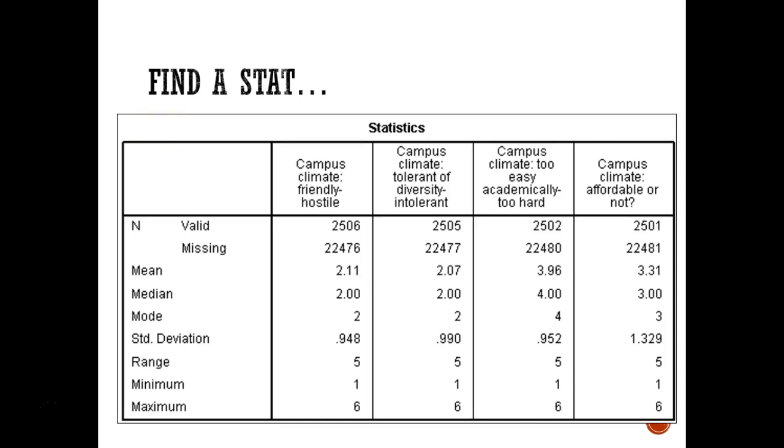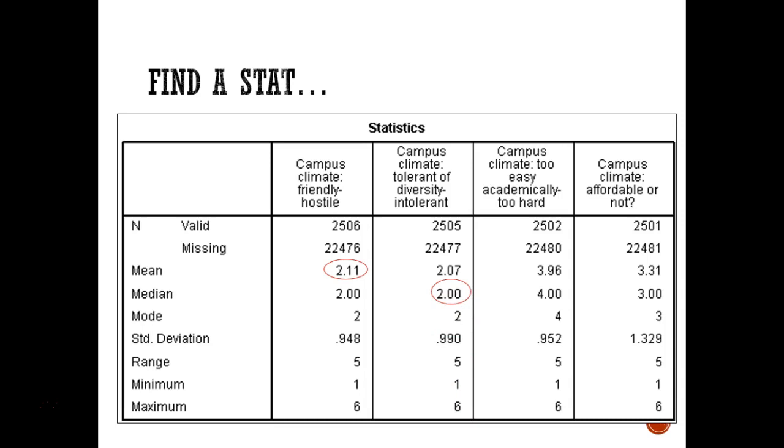The mean for the first question, campus climate of friendly versus hostile, is right there, the 2.11. And then where's the median, looking at the one next to it, for being tolerant of diversity? That's the 2.00 right there.